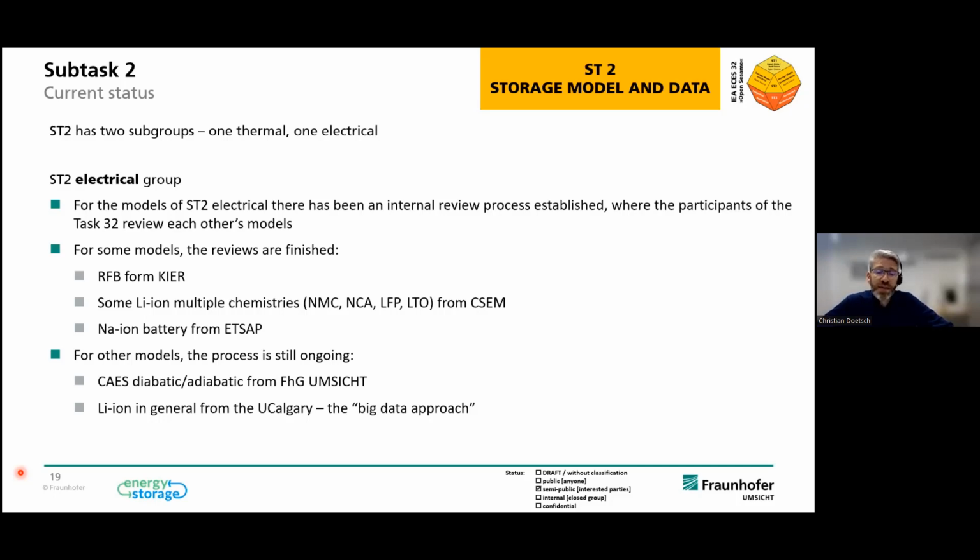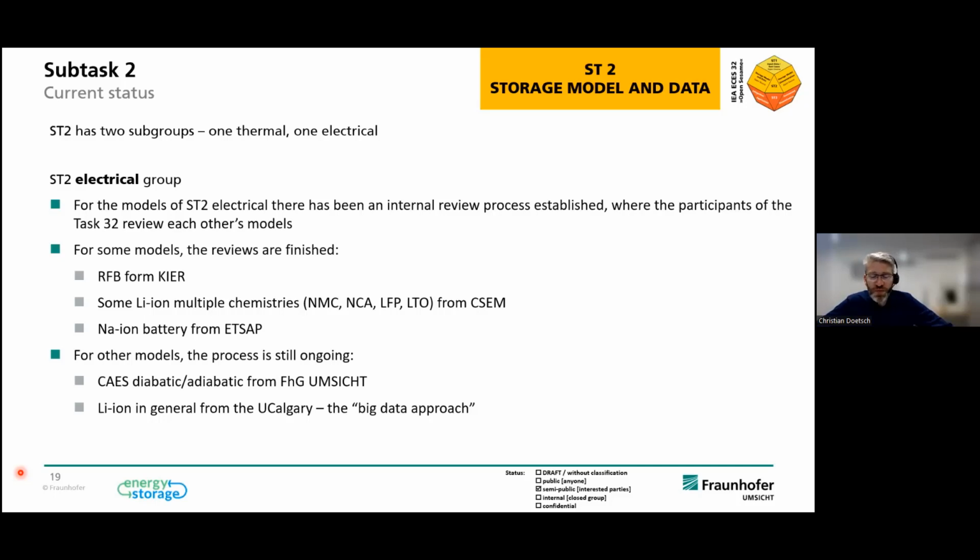And there is the idea to have a more general approach from the University of Calgary on lithium-ion, because I always said we have as a source this level 3 model. But there was a discussion that there is no need to have this model. There's also a big data approach.